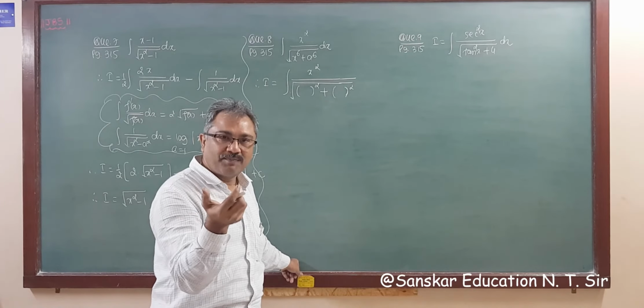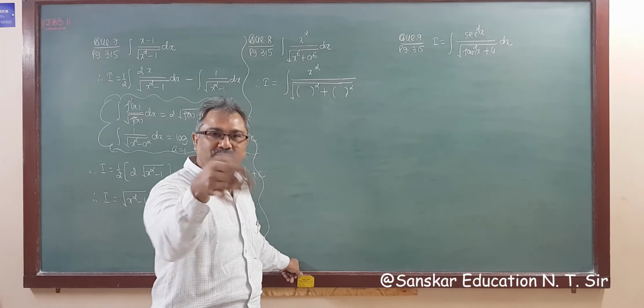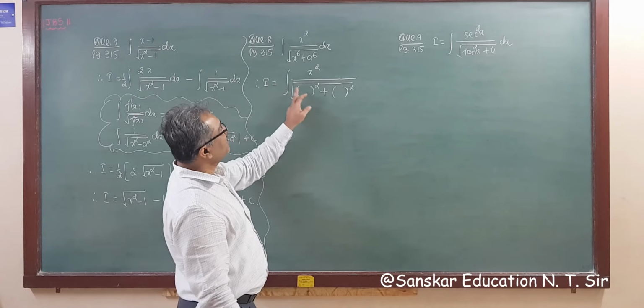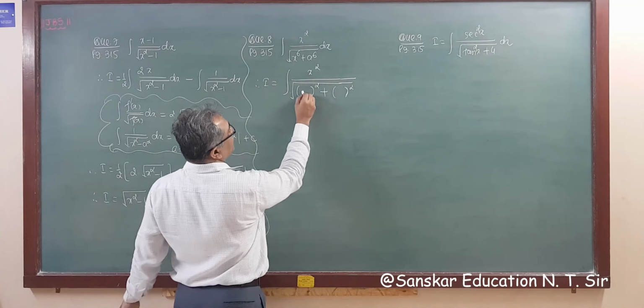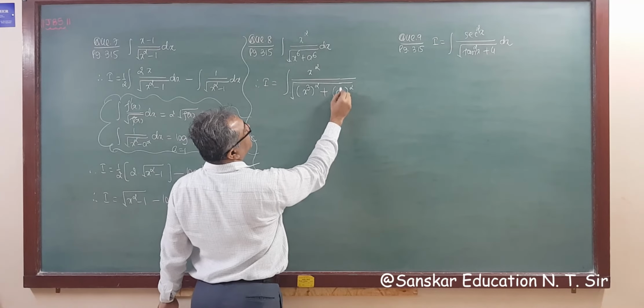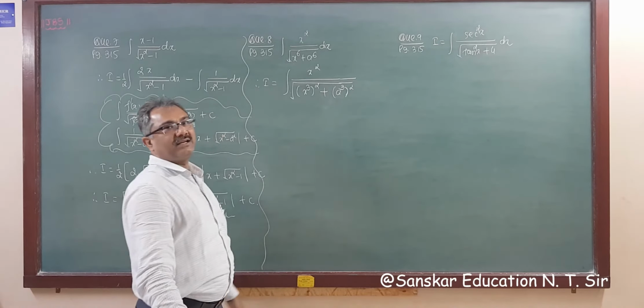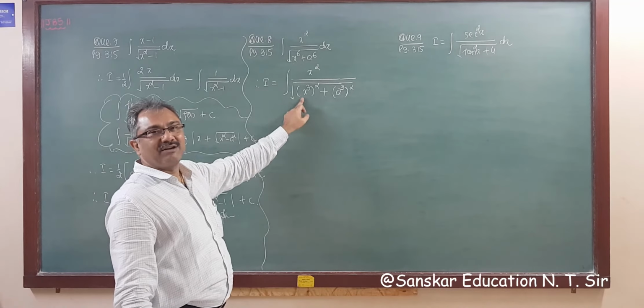So you need both perfect squares, plus or minus sign is there, right? So this is this. Now this is x raised to 6. So I have to write x cube. Similarly here a cube. Right? So now this is something new and the derivative is this.